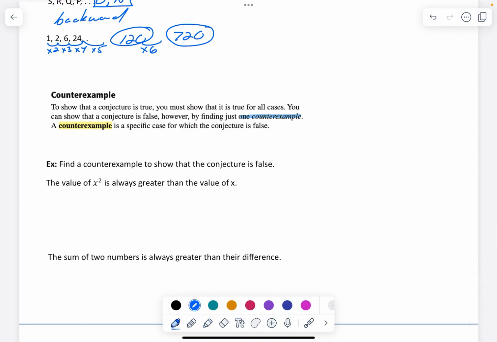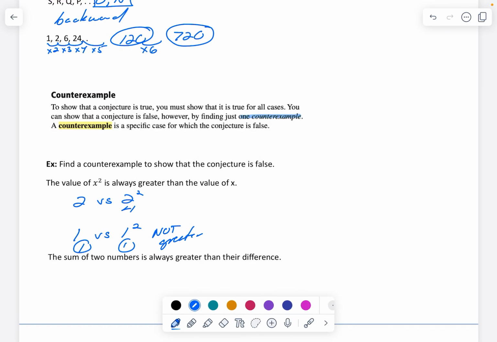So let's say someone makes this statement and they said, the value of x squared is always greater than the value of x. And you might test that. You might say, okay, 2 versus 2 squared, which is 4. Or 1 versus 1 squared. That's not greater, is it? So like 1 and 1, that's not greater.